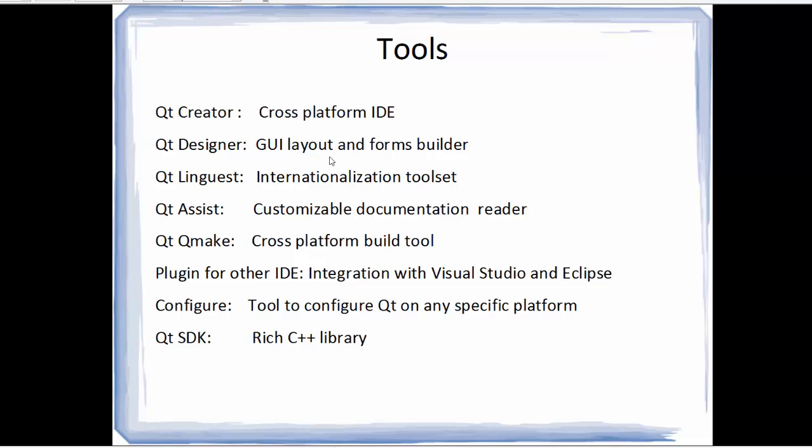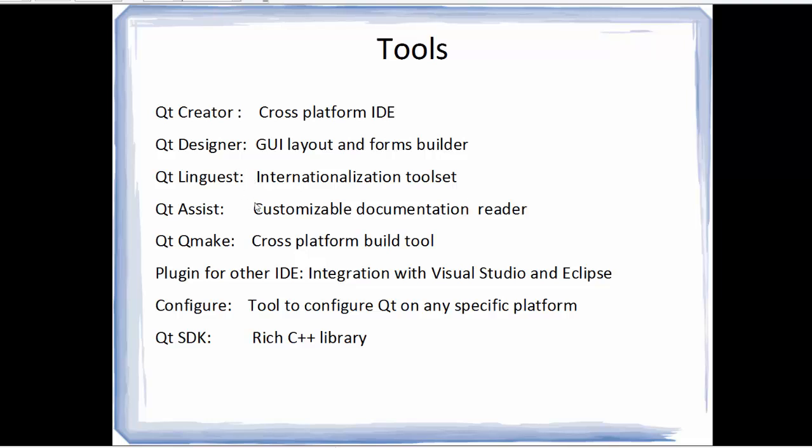Then you will get with the Qt Creator IDE the designer for designing your Qt GUI application. Then you have a tool called Qt Linguist, which helps you to translate or localize your application. So for example, if you want to use multiple languages in your Qt application, Qt Linguist will help you to do that.